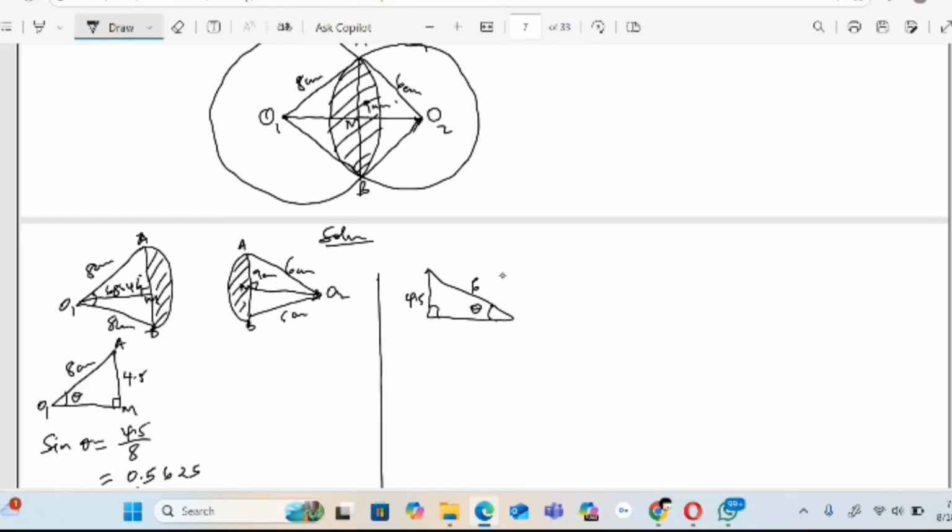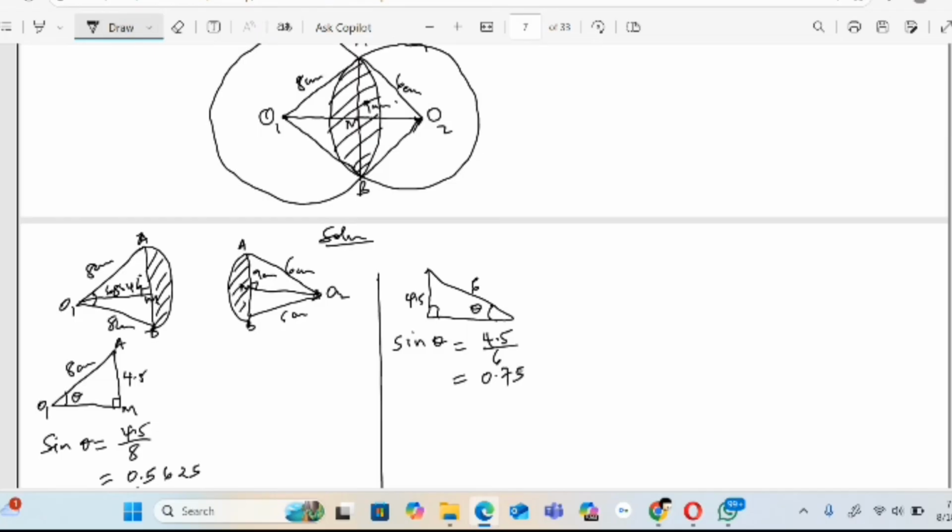Now to find sine theta will be equal to opposite, which is 4.5, over the hypotenuse, which is 6. So 4.5 divided by 6, you get 0.75.